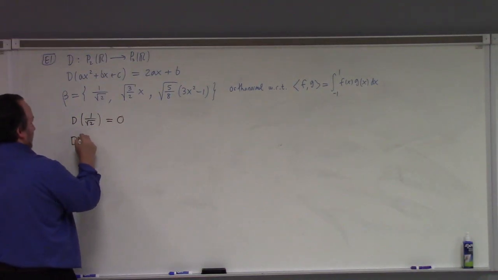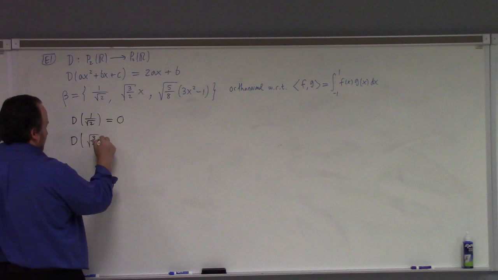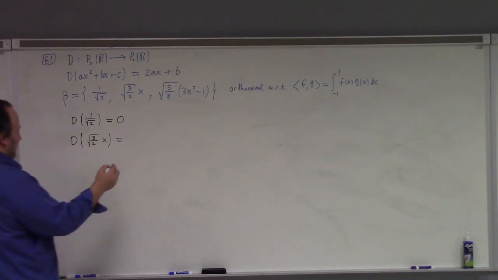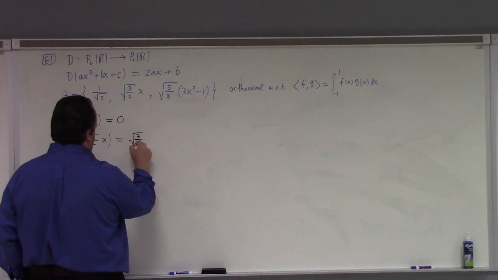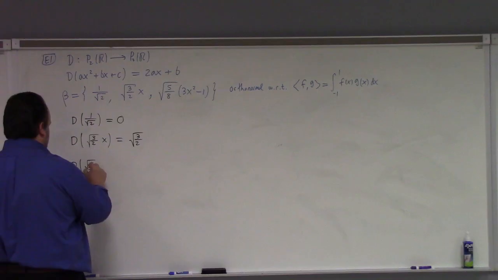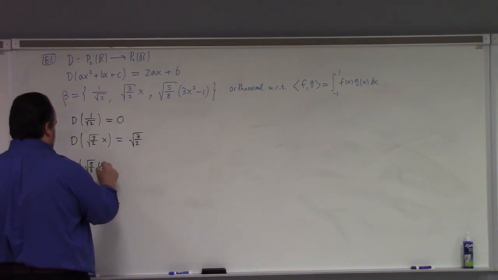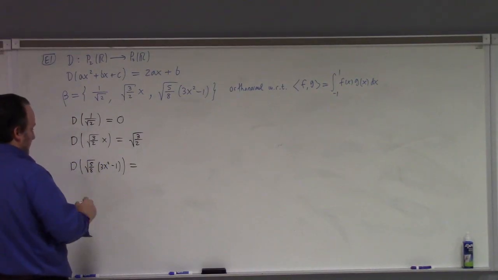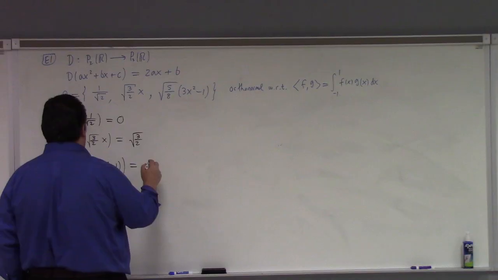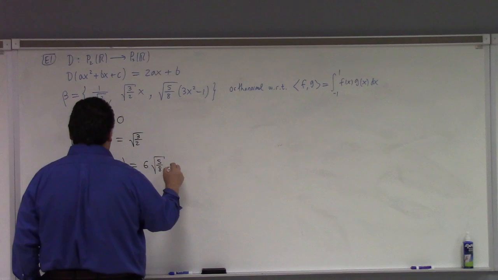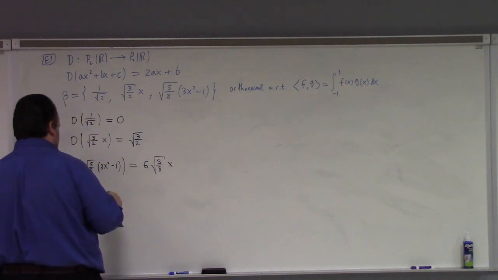The derivative of root 3 over 2 times x. Right, exactly. So that's just root 3 over 2, right? The derivative of square root of 5 over 8 times 3x squared minus 1 is equal to, let's see here, 6 times the square root of 5 over 8, right, times x. I guess that's it, yeah.